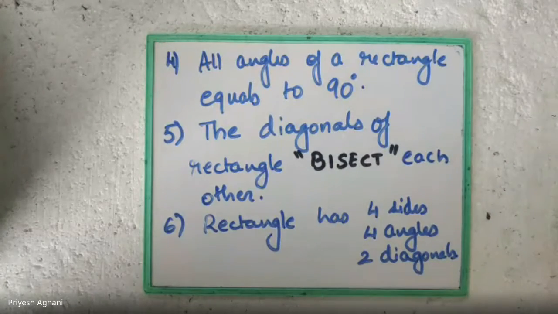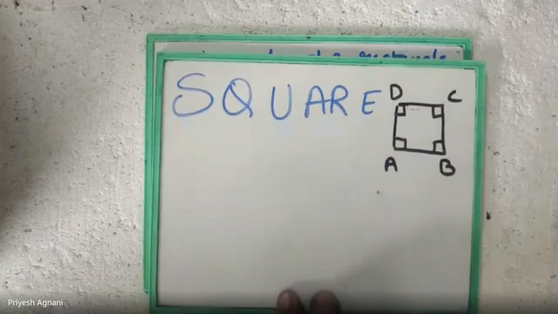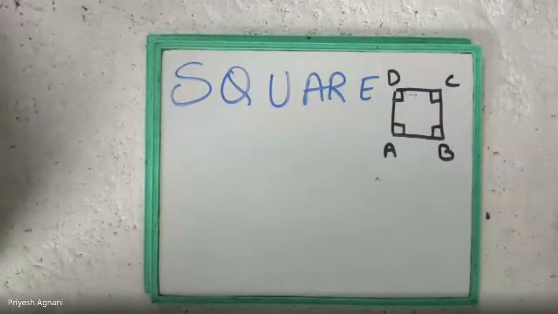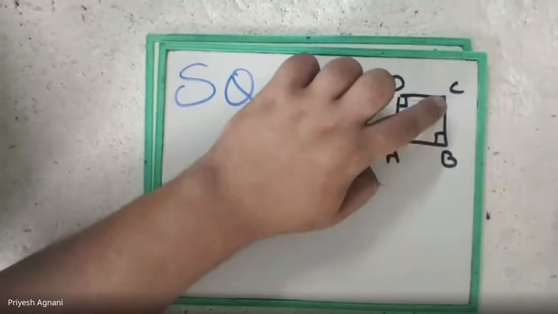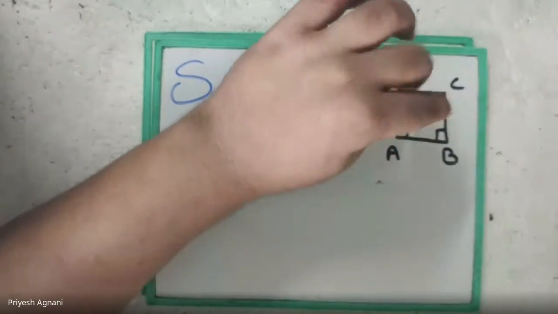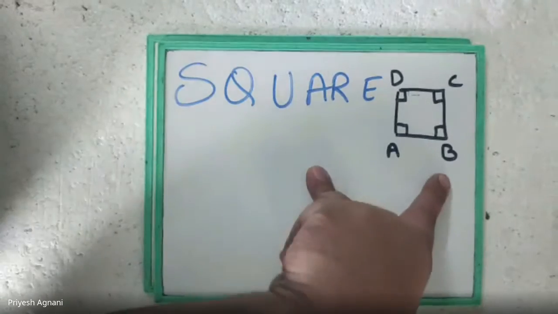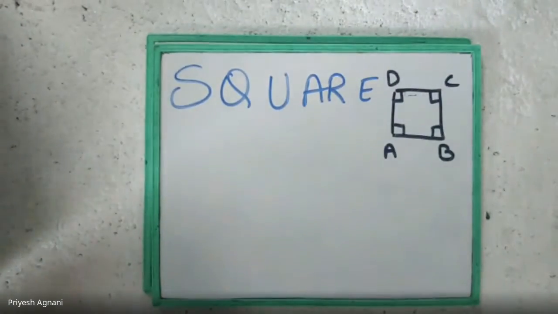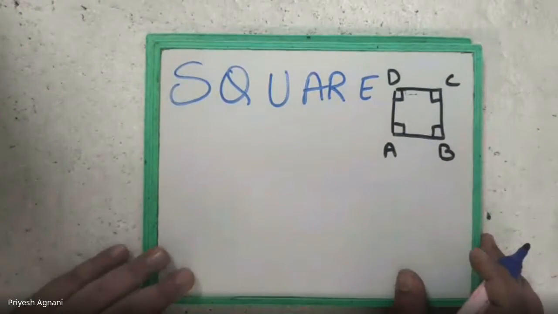Now we come down to the next topic, that is square. A square has got all angles 90 degree. Pay attention. All the angles. Angle A is equal to angle B is equal to angle C is equal to angle D. Draw the diagram of a square with a scale and pencil.